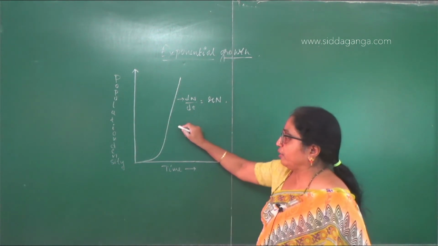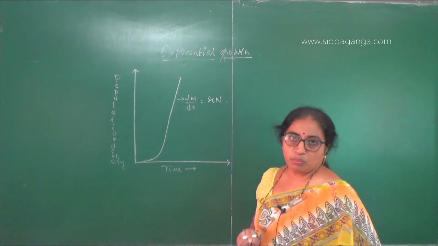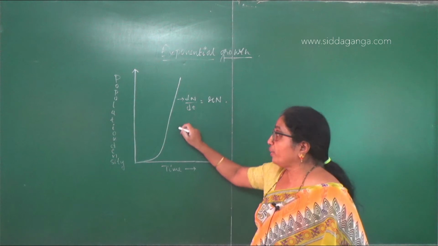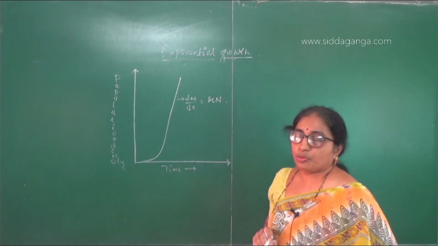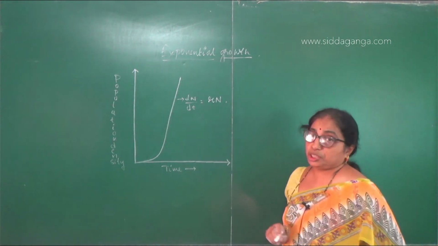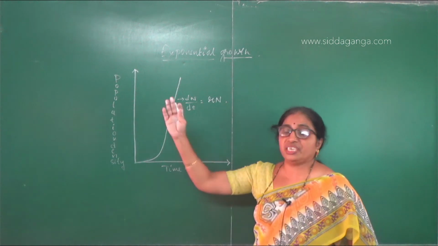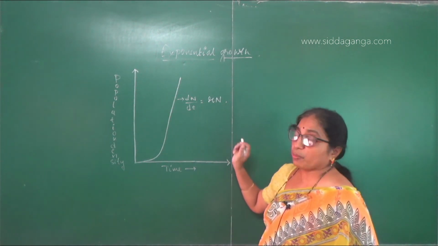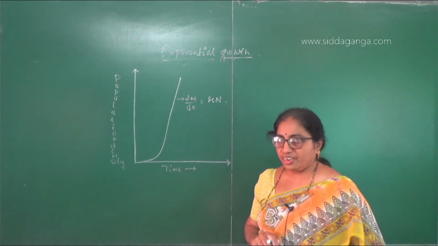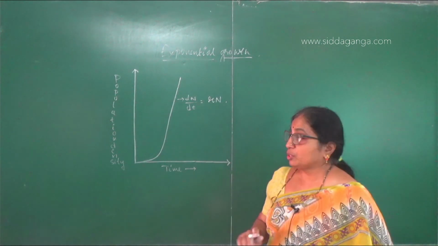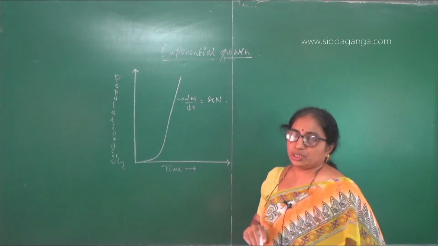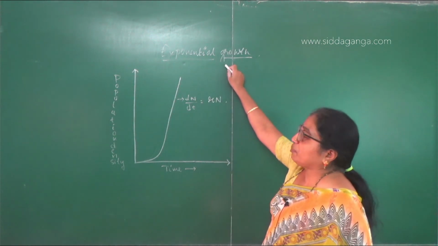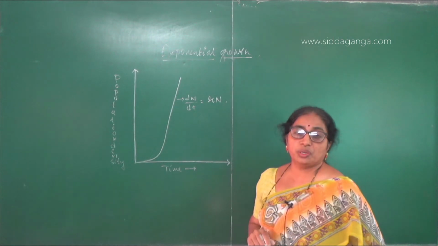So you will get a J-shaped model, and the human population is right now going in the same pattern of exponential growth, increasing in geometric ratios. When the human population growth is studied for the whole world, it has been increasing like this in geometric ratios, which can be called the exponential growth model.